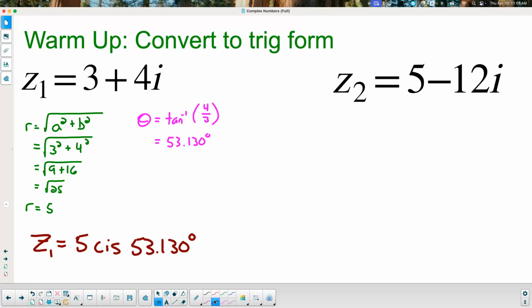If you choose to write out 5 times open parentheses cosine of 53.130 degrees plus i sine of 53.130 degrees, that's on you. But now the shortcut is eligible for you to use. Questions on that? Please, at this time, find me the trig form of z sub 2.